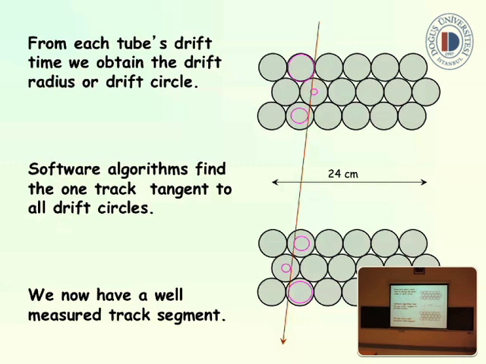Once we know the drift time, we measure the drift circle and drift radius. But first of all, we need to measure the drift time. So how do you measure the drift time? You get a peak in the signal. How do you know from that what the drift time is?